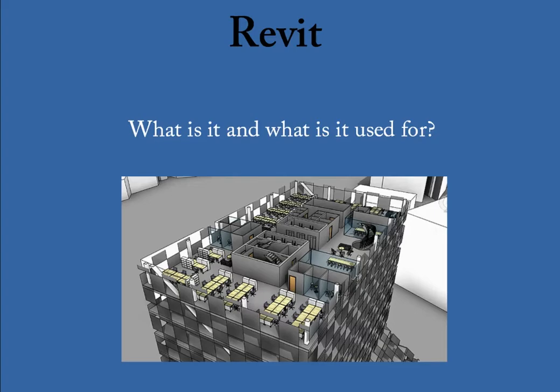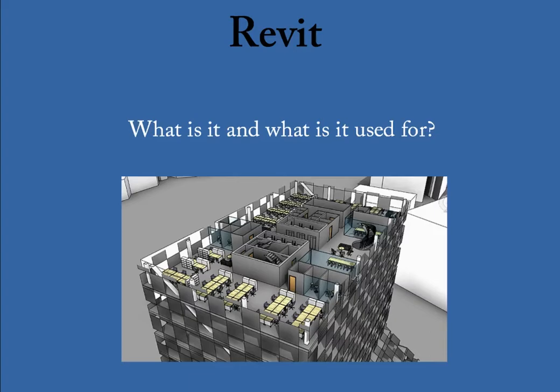So Revit, what is it and what is it used for? Revit is a parametric architectural modeling software. It's now becoming a standard for 3D modeling in architecture. Revit utilizes building infrastructure management, whereas in the past you would use AutoCAD.